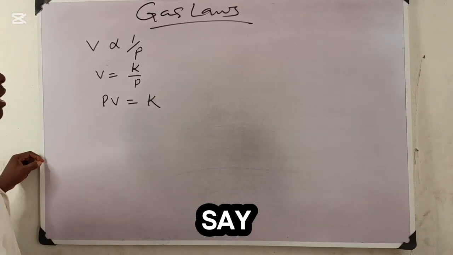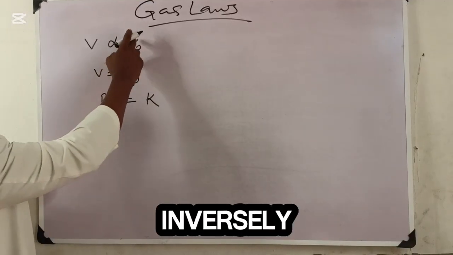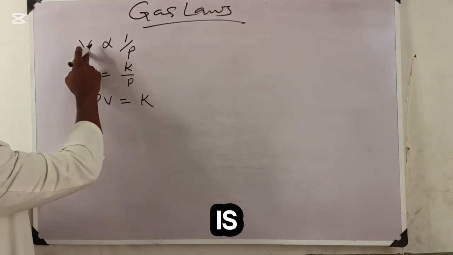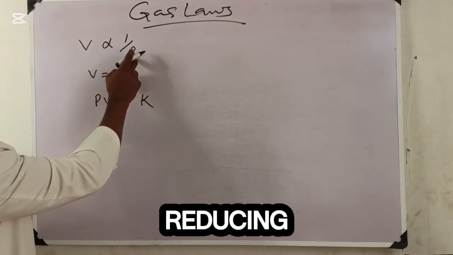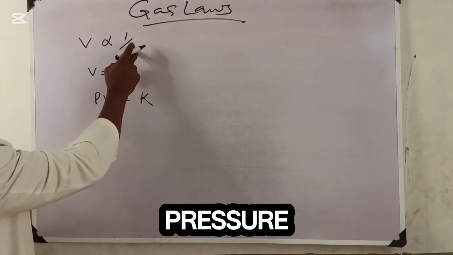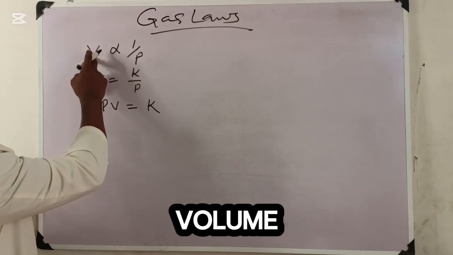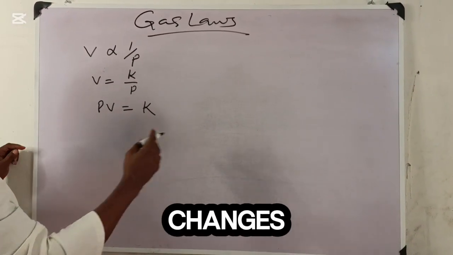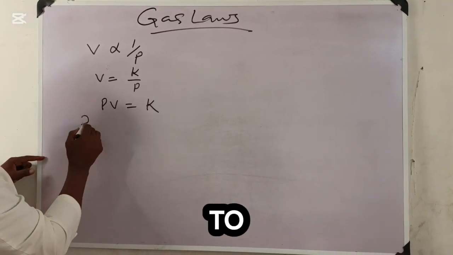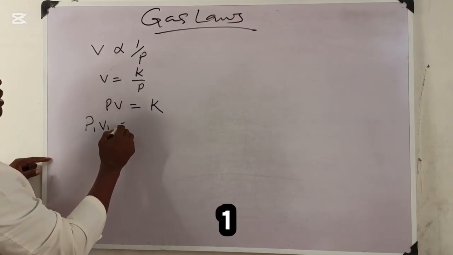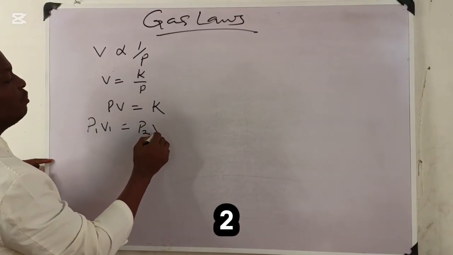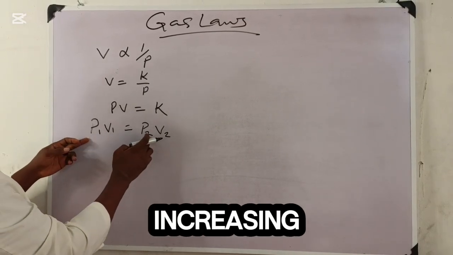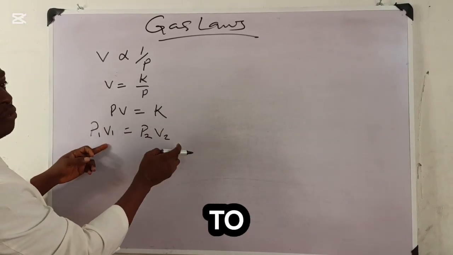Now, since we say that V is inversely proportional to P, what it means is that as the volume is increasing, pressure will be reducing. Or as the pressure is increasing, volume will be reducing. In order for us to understand how these changes will go, we will have P1V1 is equal to P2V2, so that we'll be able to see if pressure is increasing, what will happen to volume.